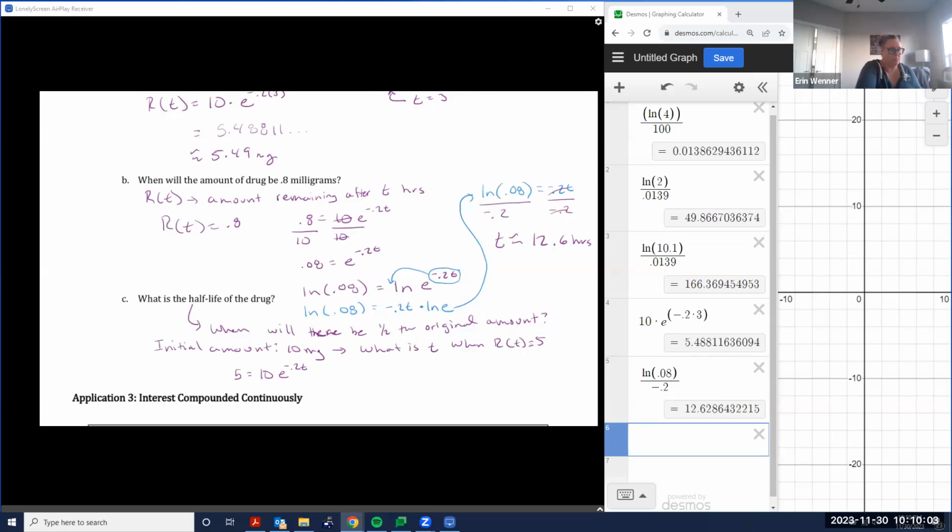Okay, so just as we've been doing, our first step here is going to be divide both sides by 10. So dividing both sides by 10 gets us 0.5 is equal to e to the negative 0.2 t. We'll take the natural log of both sides because we're dealing with e.